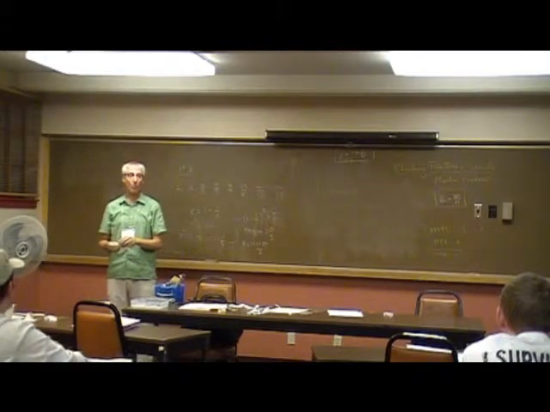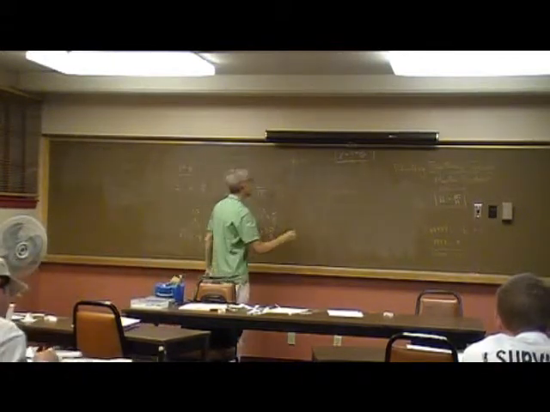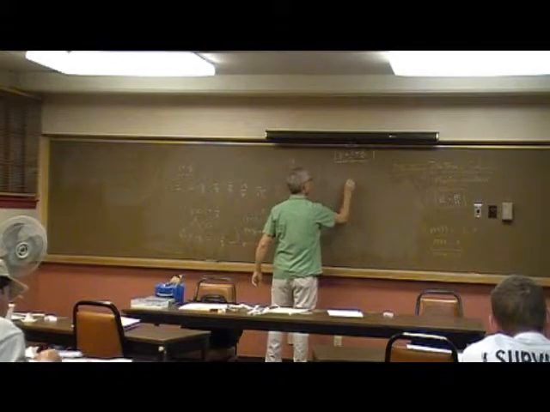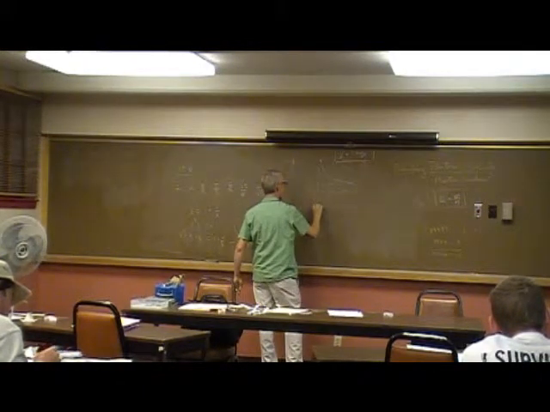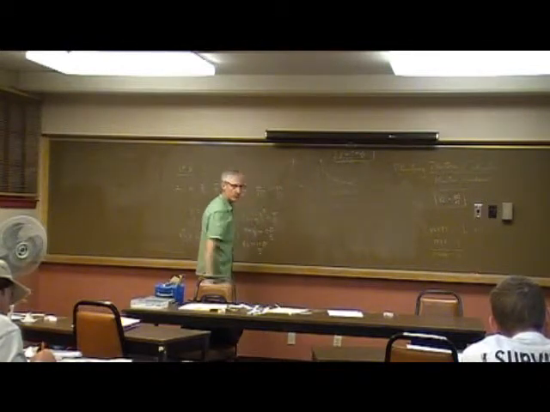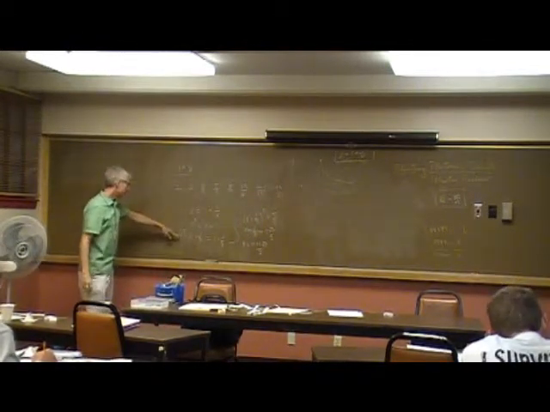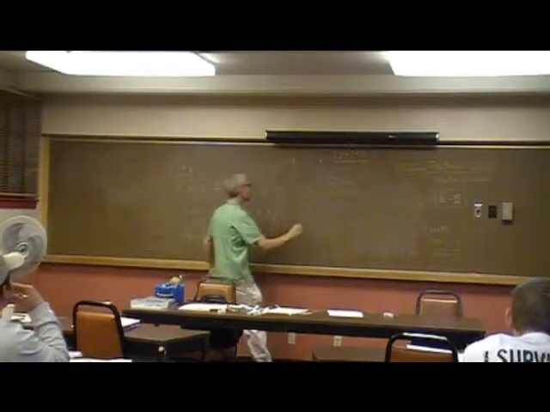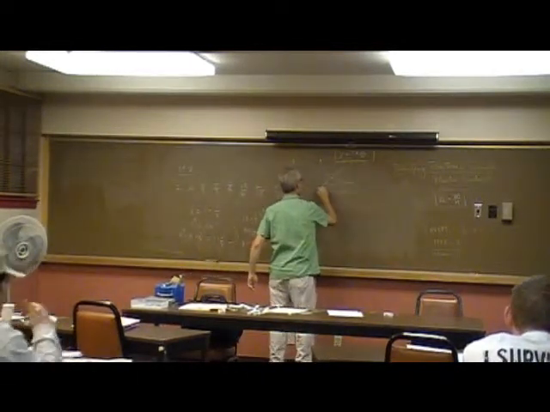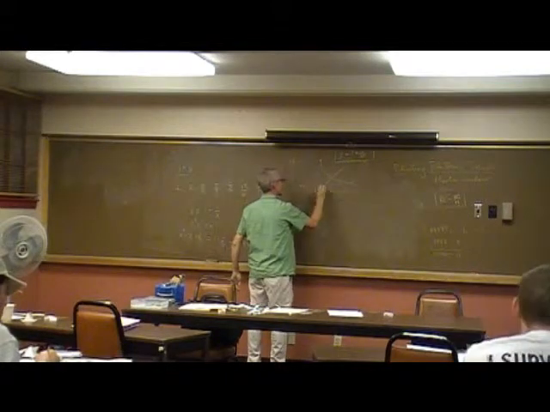I'm increasing every y value by 1, so I'm going to move this up 1 unit, and my other piece will be over here. And then to find the intersection with y equals x, let me just draw the line y equals x. There it is. I have these two intersections.